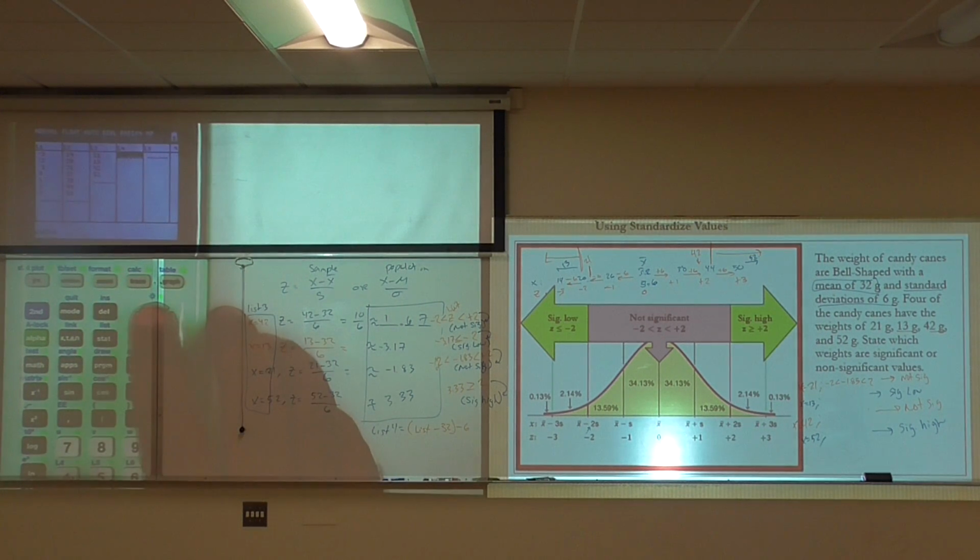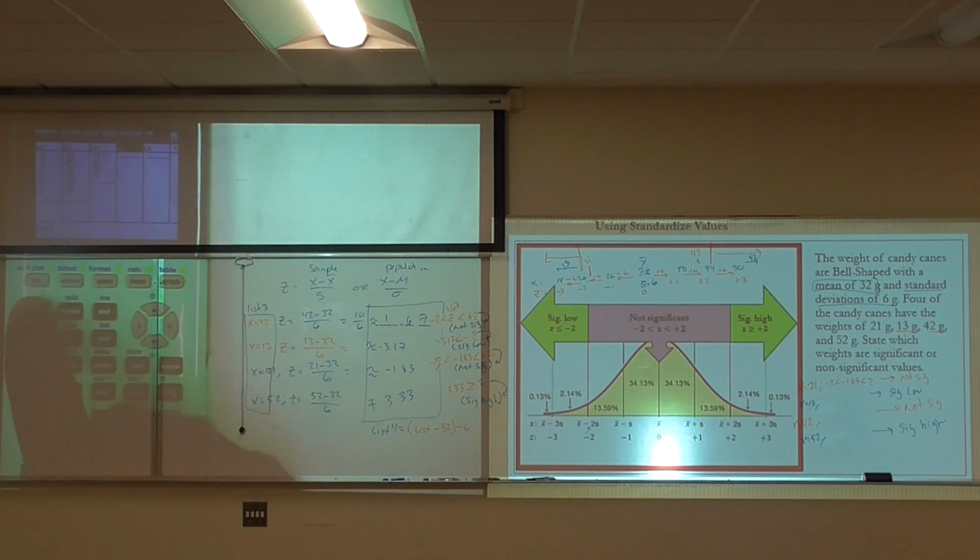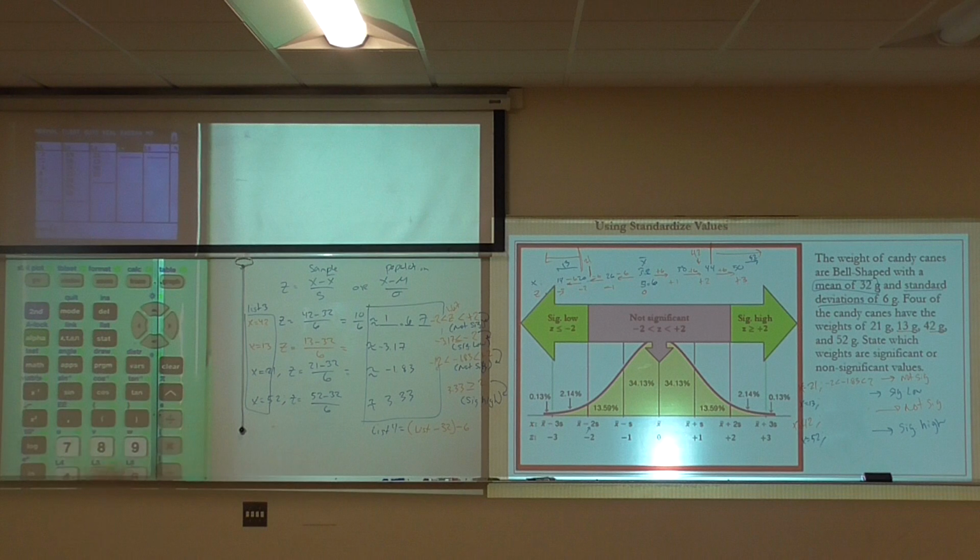I'm going to highlight this, and over here, you press enter, and then you write the expression, parentheses, list 3 for this one. Close parentheses, minus the mean, 32, close parentheses, and divide that by the standard deviation, which is 6.